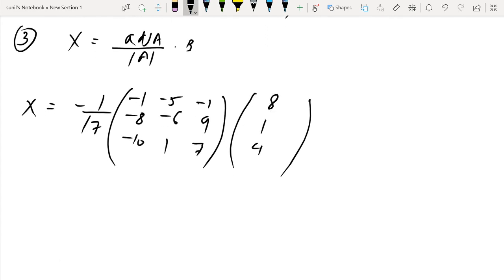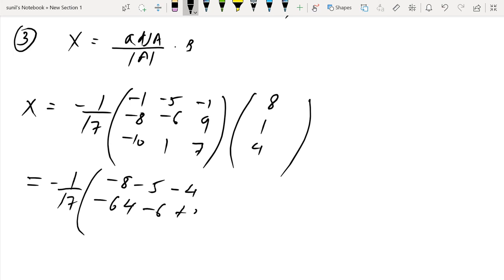Now let us multiply it: minus 8, minus 5, minus 4. The next one: minus 64, minus 6, plus 36. Then minus 80, plus 1, plus 28.